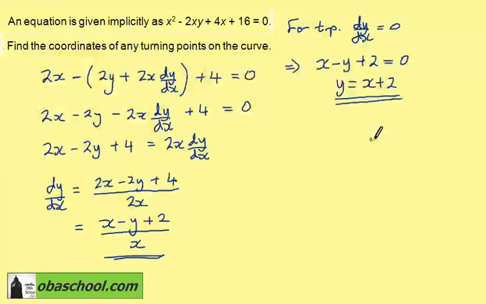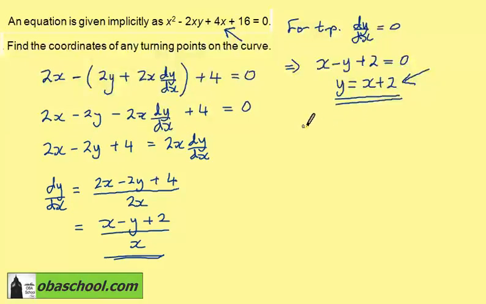So any turning points will be on the points of intersection of this line with this curve. So to find the points, we need to solve them simultaneously. And that just means replacing the y in this equation with x plus 2.